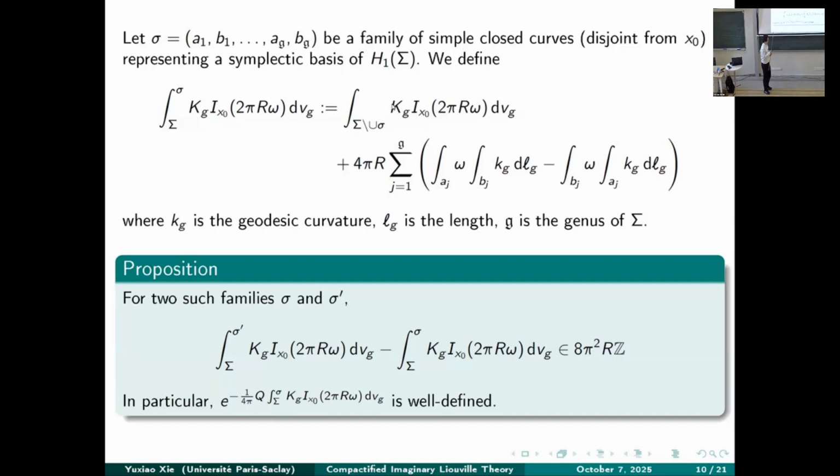Okay, so that's how you make sense of the linear term, of the curvature term in the path integral. This idea was already used in physics and in mathematics before, but not in this form. This form is especially suitable for studying, for example, Segal's axioms. Like if you want to glue two surfaces, it's easier to work with such families of cutting curves instead of a fundamental domain. You can do it with a fundamental domain too.